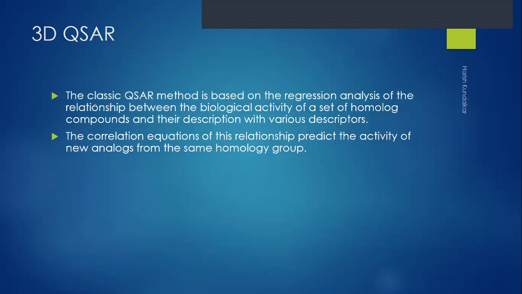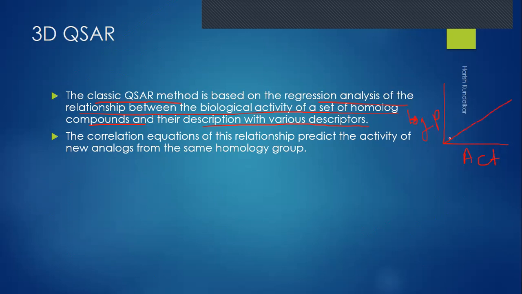The classical methods of QSAR are based on regression analysis of the relationship between the biological activity of a set of homologous compounds and various descriptors. For example, we may have activity plotted versus log P, and we'll try to set up a correlation between these.